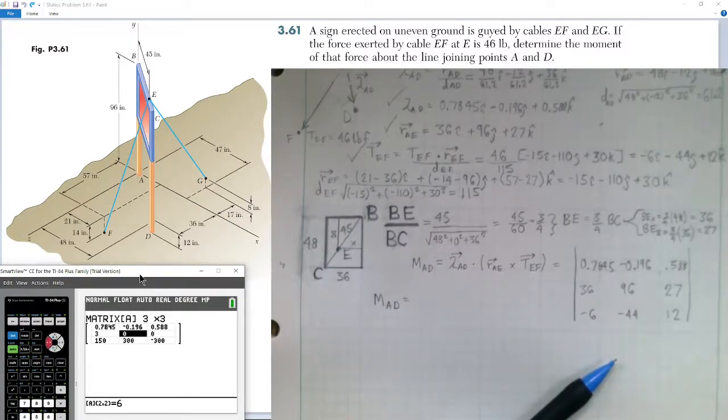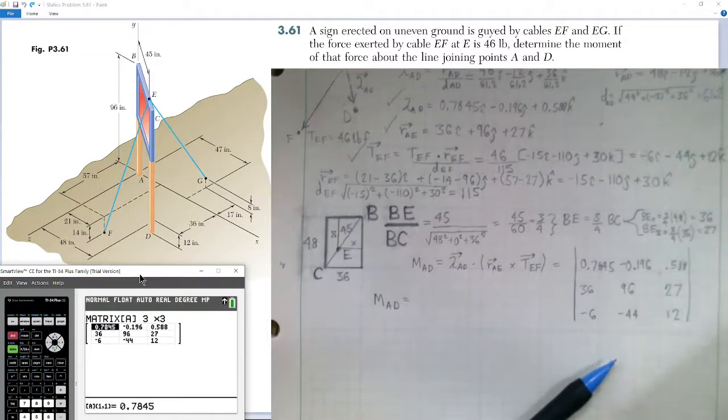The calculator appears not to be catching everything, so go back over and fix this as 36. Okay, 96, 27, negative 6, negative 44, and finally 12.